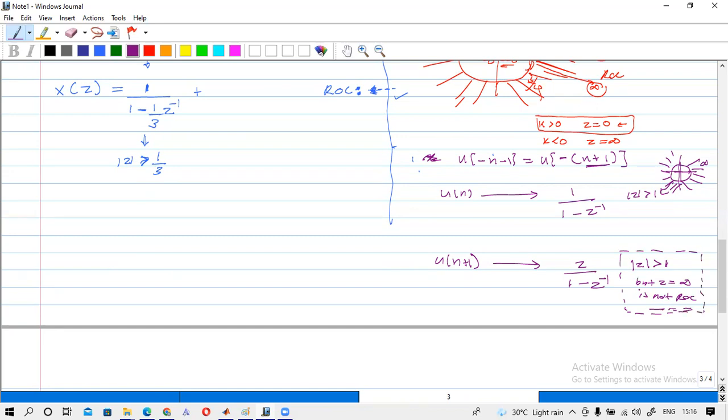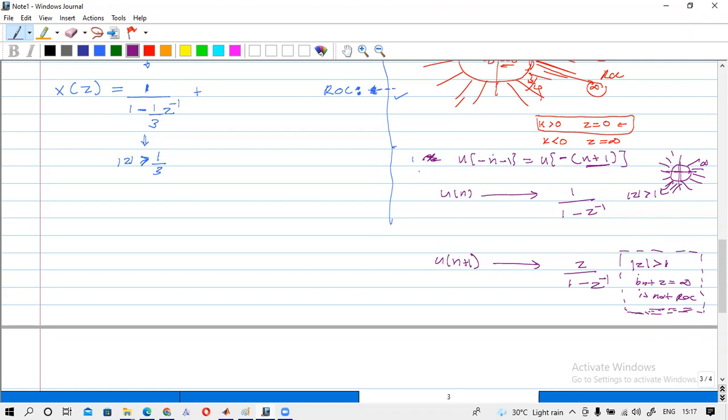If you can't remember, you can go through that previous example, where we have shown how the ROC changes depending on the transformation, using impulse function and simple function. So you can understand it.